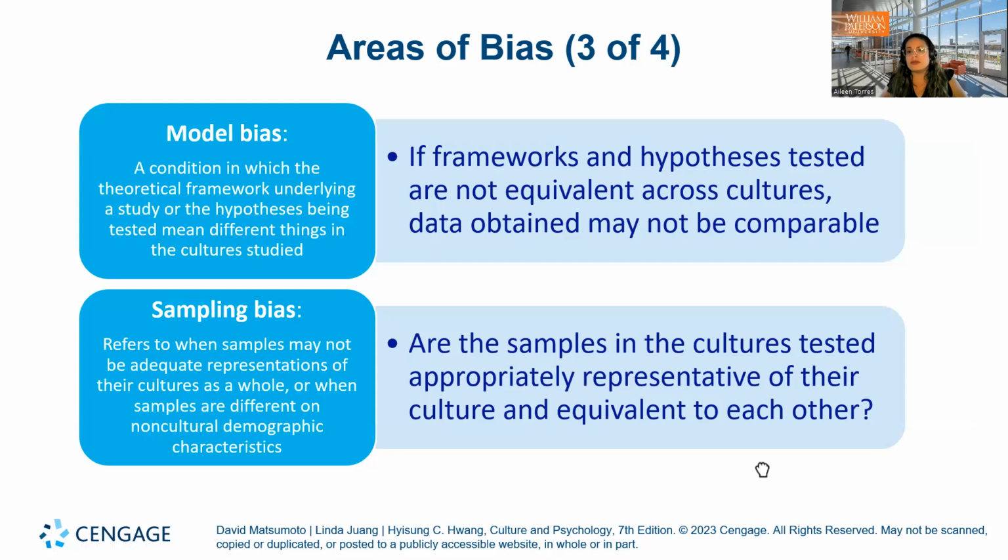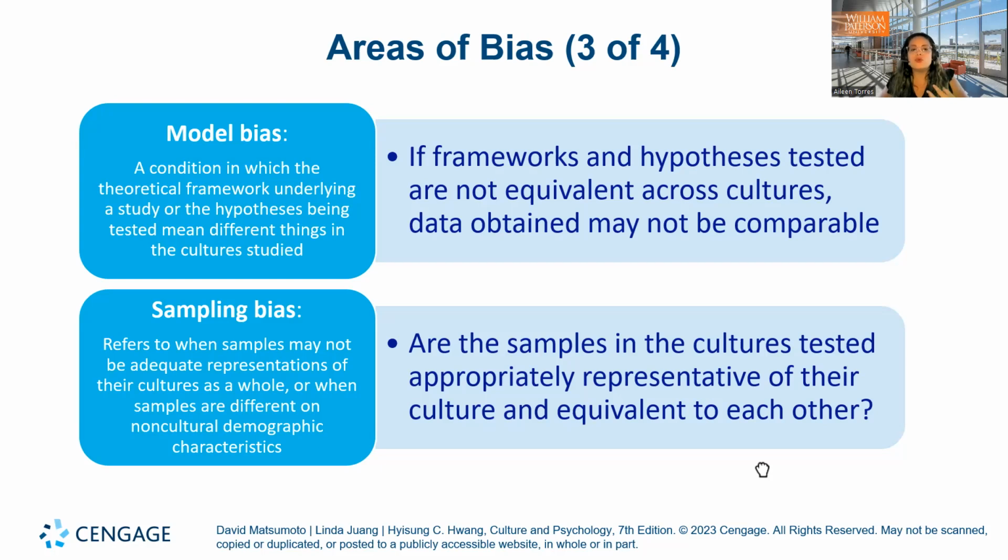There's also the theoretical model bias or model bias. This is a condition in which the theoretical framework that you use for your study is problematic. If frameworks and hypotheses tested are not equivalent across cultures, then the data obtained may not be comparable.